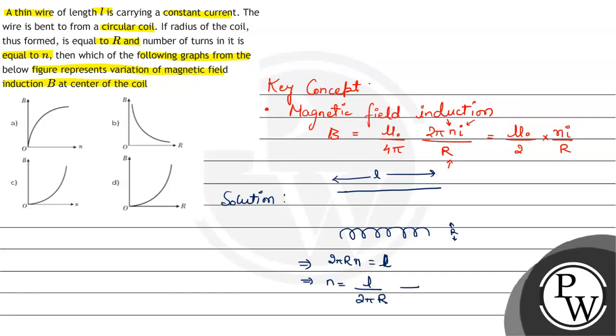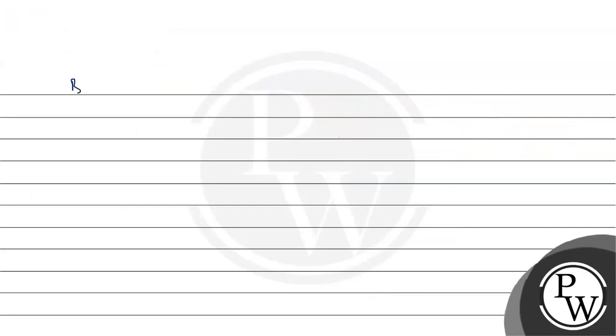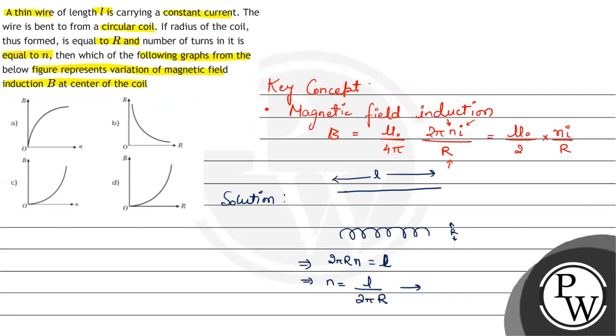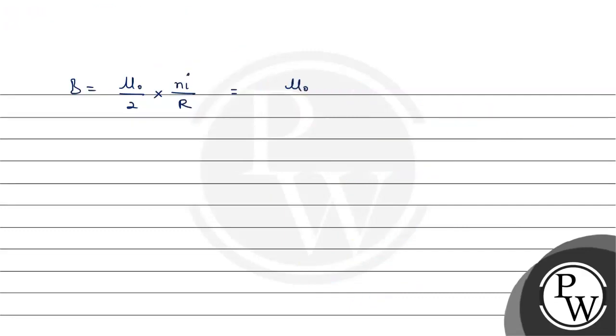Now putting this value of N into the formula of magnetic field induction, we have B is equal to mu naught upon 2 into Ni over R. Putting the value of N, it will be equal to mu naught upon 2 into L upon 2 pi R into I over R. Hence it becomes mu naught upon 4 pi into Li over R square.